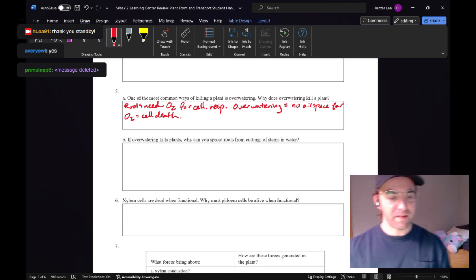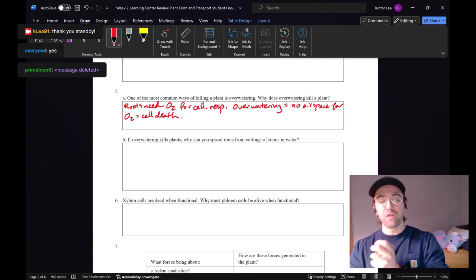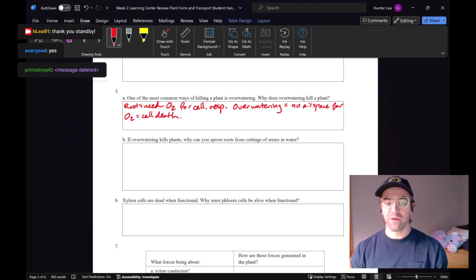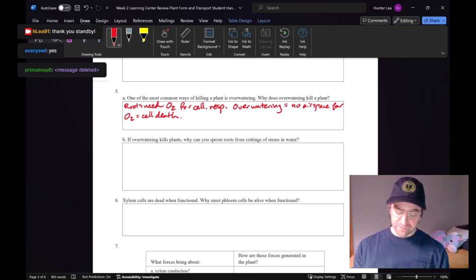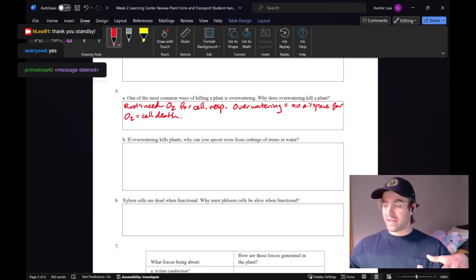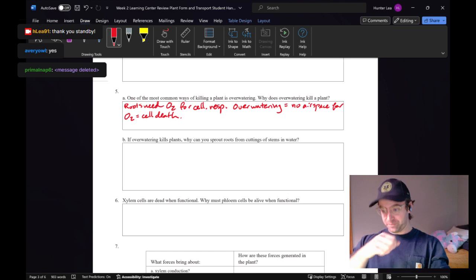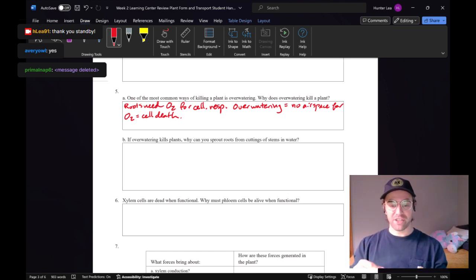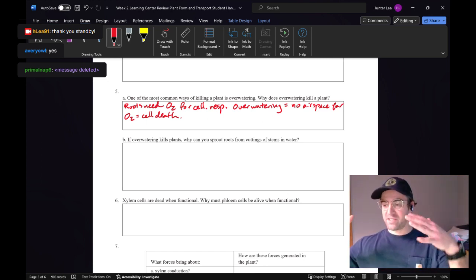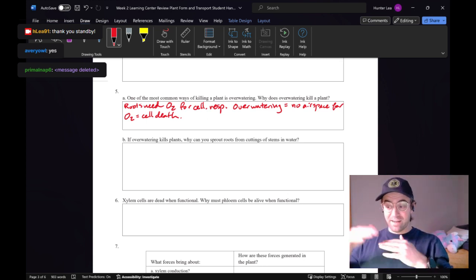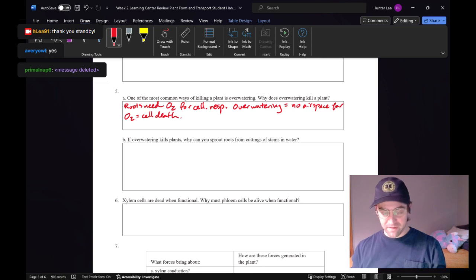Okay, actually, they bring this up in the next question. If overwatering kills a plant, then why can you sprout roots from cuttings of stems in water? The difference here really comes down to the availability of molecular oxygen and its ability to diffuse in free surfaces of water, like in a pond or in a cup of water you would sprout that cutting in, versus water that is beneath the surface of the soil where it's not getting contact with that free air.